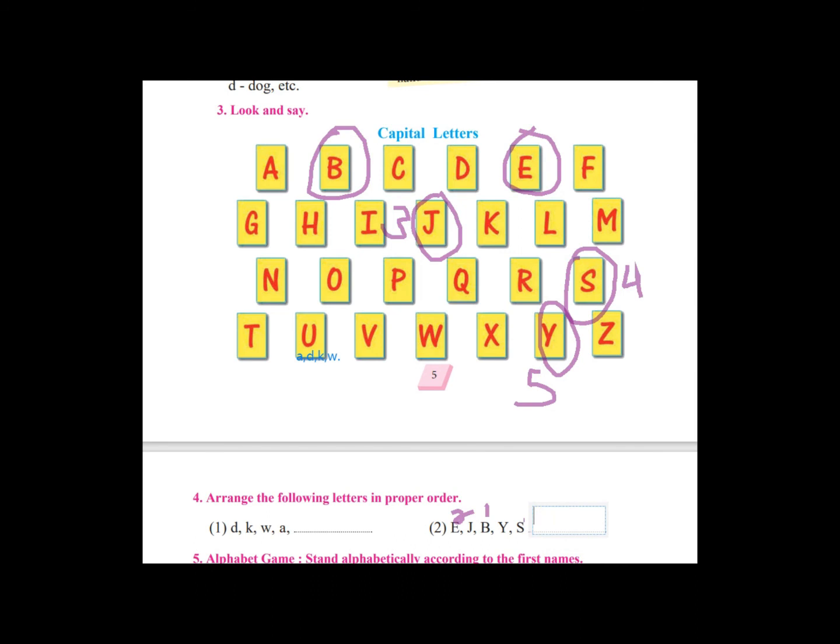The first will be B. After B, what's coming? E. After that, J. After that, S. And after that, there will be Y. So what have we done here? We have arranged these letters into alphabetical order. Understood? So this way, you have to solve this question.